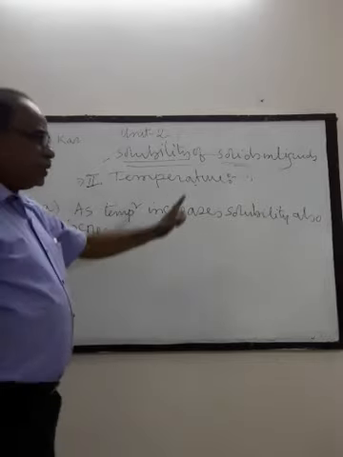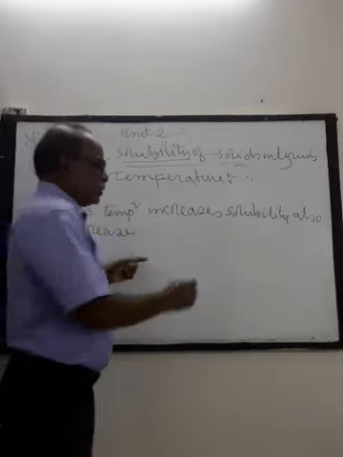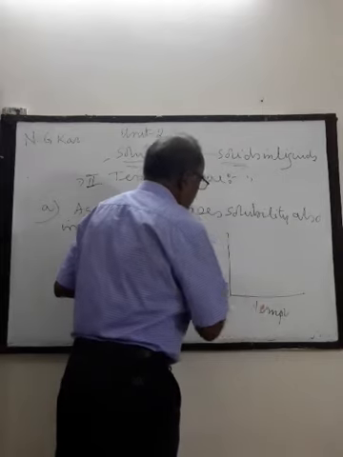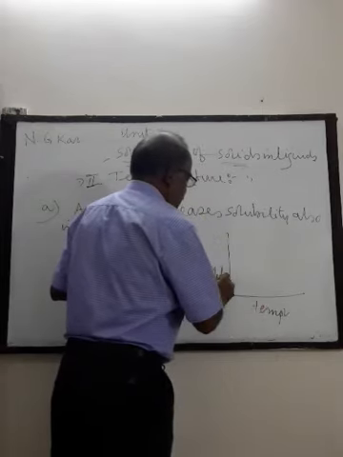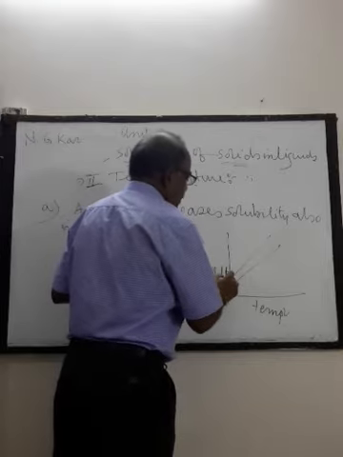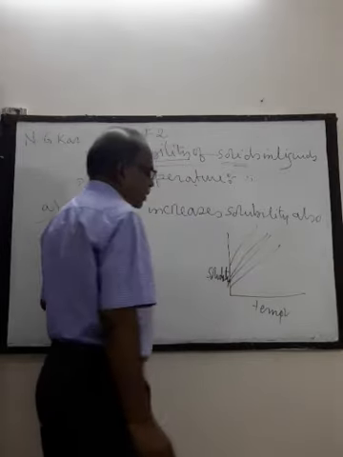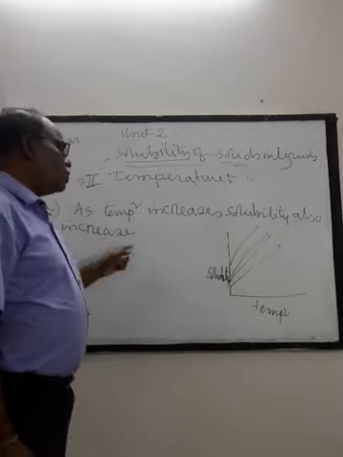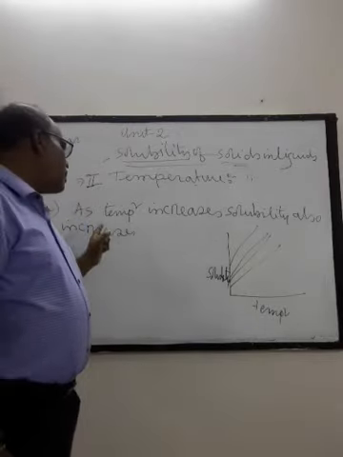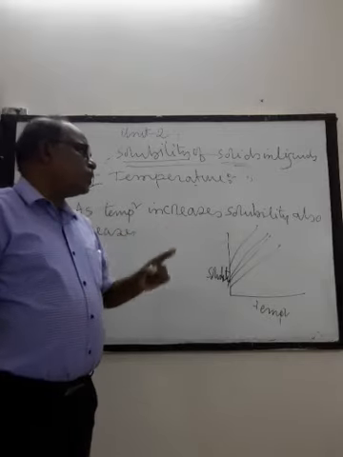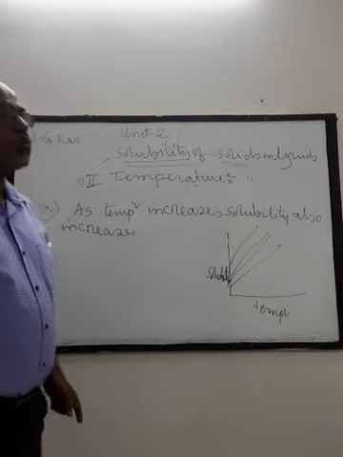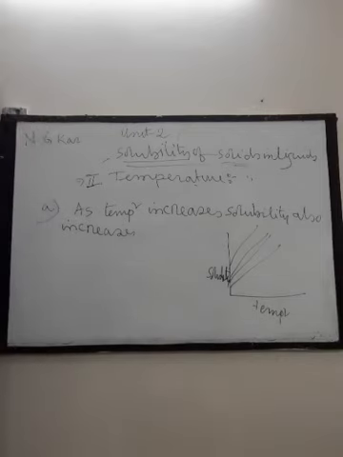If we plot a graph between temperature and solubility, in most cases, as temperature increases, solubility also increases. This is for about 95% of solids. Why does solubility increase with temperature? This is because the dissolution process is endothermic.